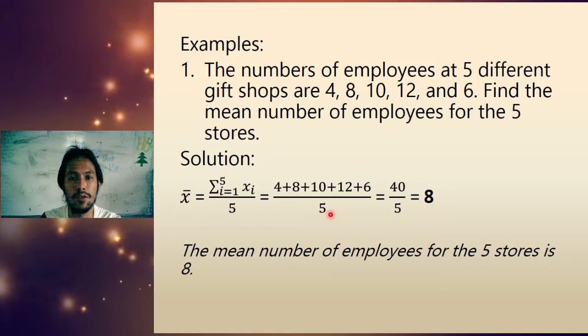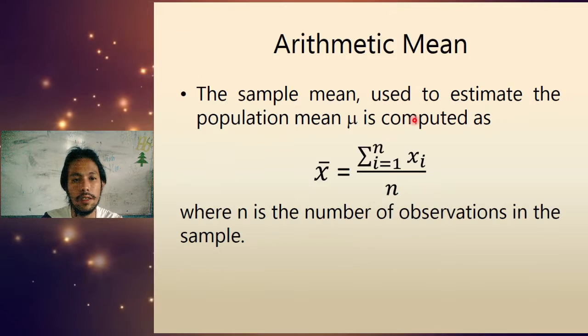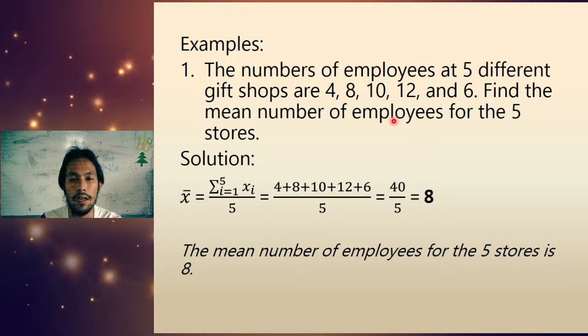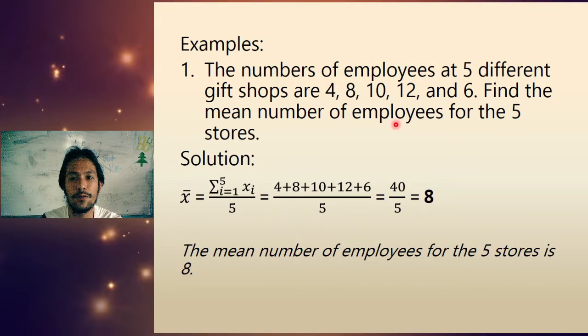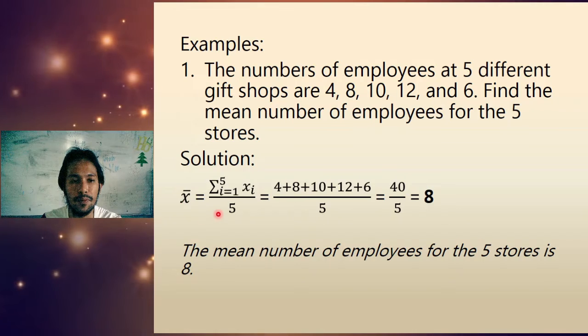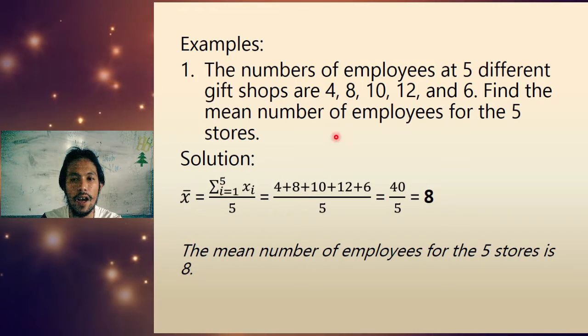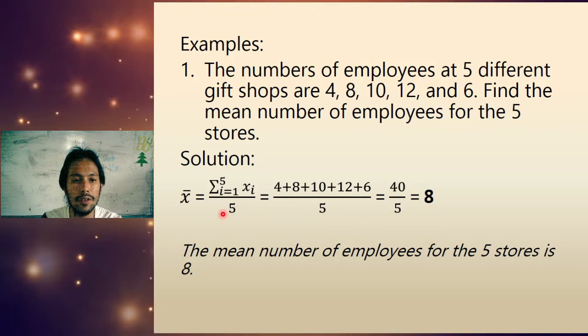So example number 1, the number of employees at 5 different cube shops are 4, 8, 10, 12, and 6. Find the mean number of employees for the 5 stores. So, solution: there are 5 observations, so 4, 8, 10, 12, 6. Then, ang total observation kay 5.